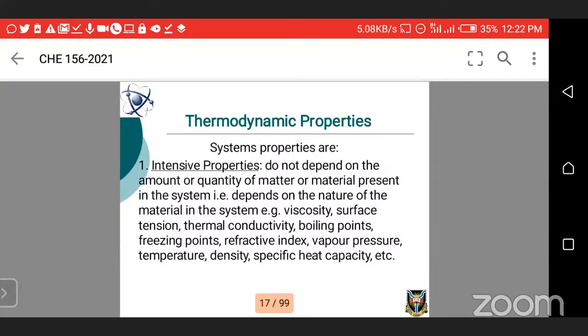For example, we have viscosity. Assuming you put a viscous substance in a small container, and you have the same type of viscous material in a bigger container, the viscosity will be the same, irrespective of the amount that is there.